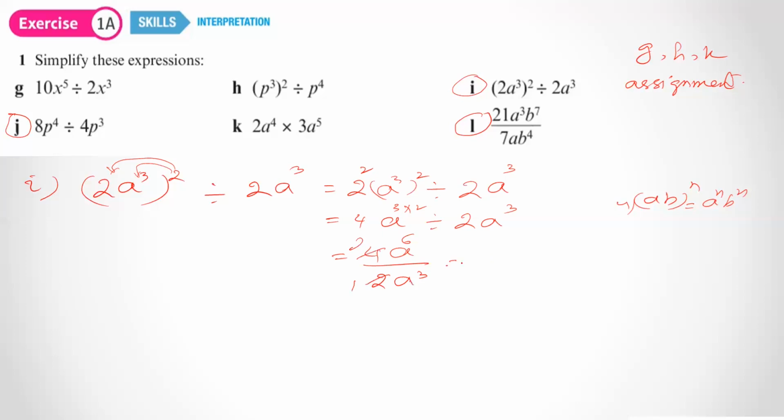So coefficient will be 2 and a power 6, because it's dividing, so this will be subtracting 3, the power of a in the denominator. So it will become 2a whole power 3. 6 minus 3 is 3. So this is your answer for question number I.